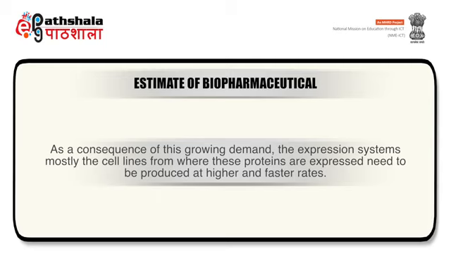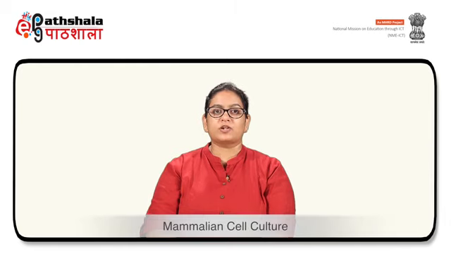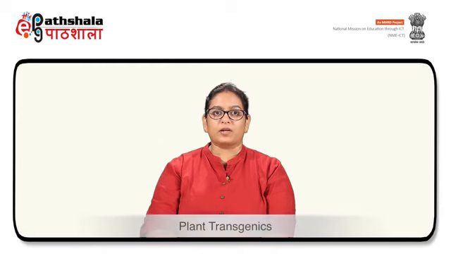As a consequence of this growing demand, the expression systems, mostly the cell lines from where these proteins are expressed, need to be produced at higher and faster rates. Now, we will cover the next learning objective of this module, that is how to prepare the different types of biopharmaceutical products using microbial fermentation system, mammalian cell cultures, plant cell cultures, animal transgenics and plant transgenics.